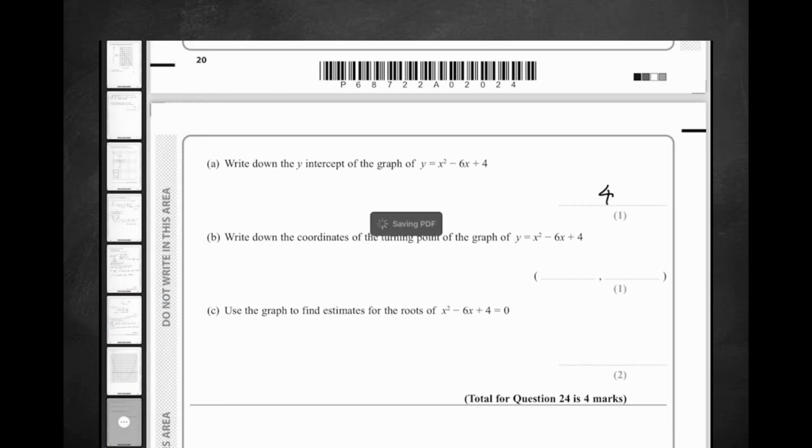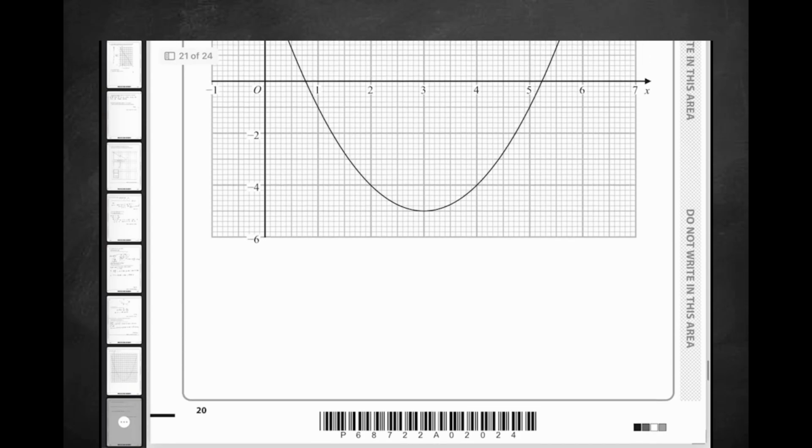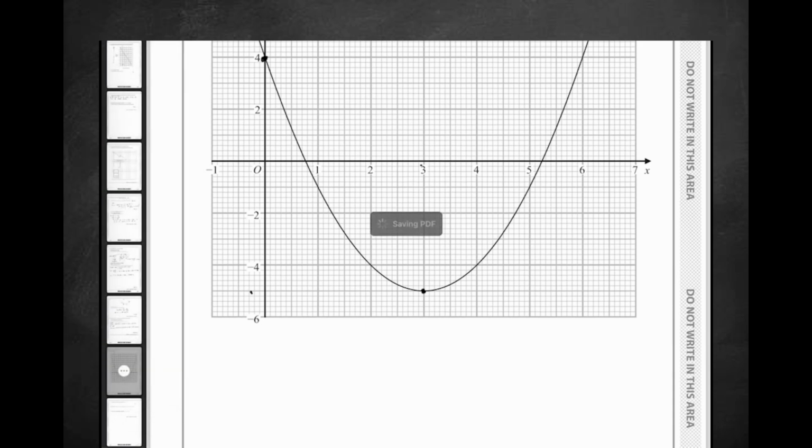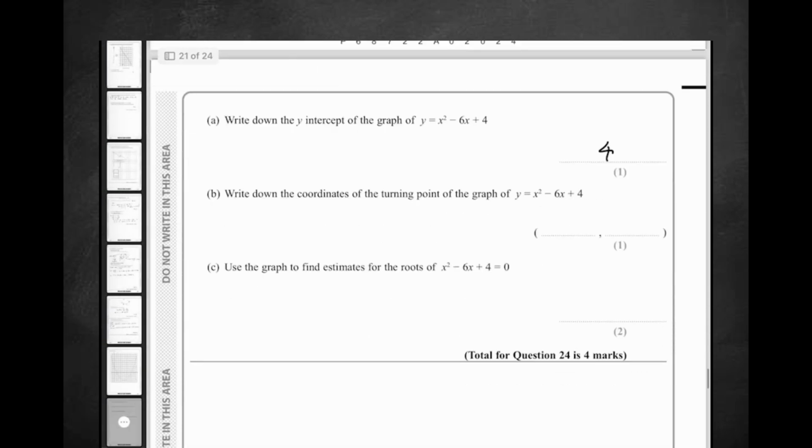Part B. Write down the coordinates of the turning point of the graph, which is going to be just here. The point where it starts going the other way. So that's just going to be 3, minus 5. Just reading across the graph.